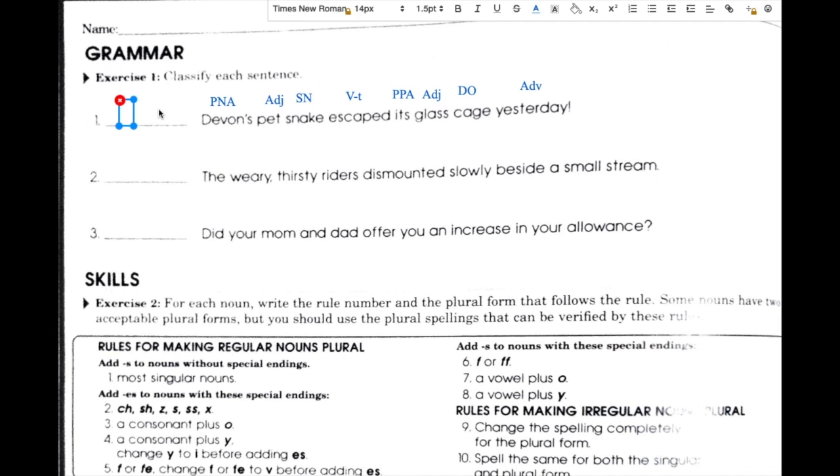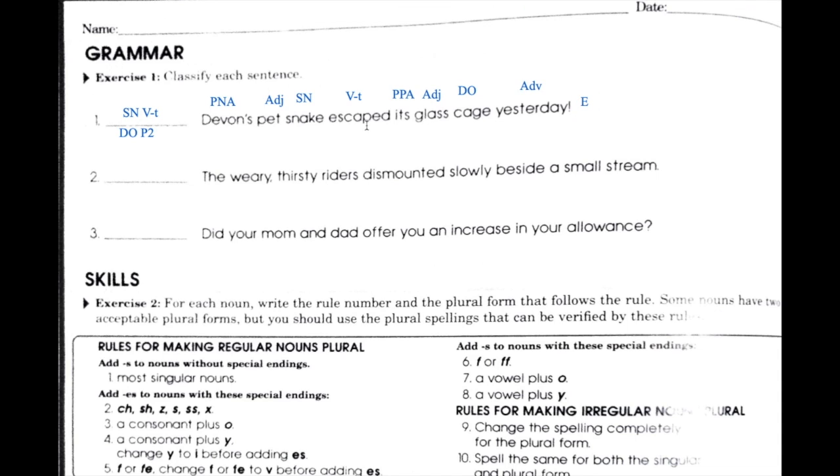This one does not have an indirect object, but it has a direct object. So it's subject, noun, verb, transitive, direct object, pattern 2. It has an exclamation point, strong feeling, exclamatory sentence, E.